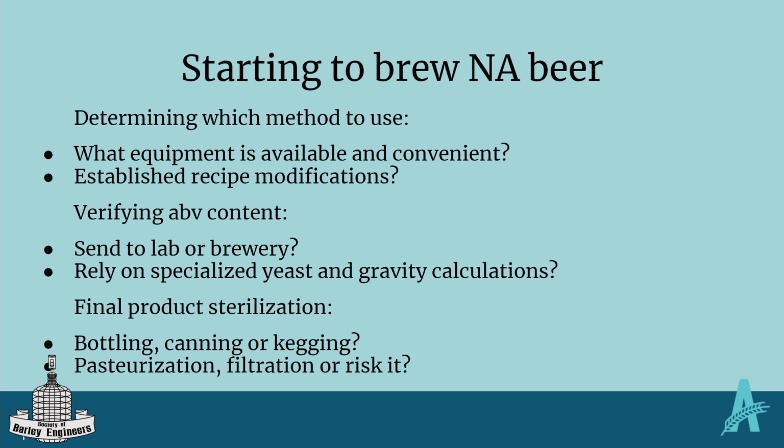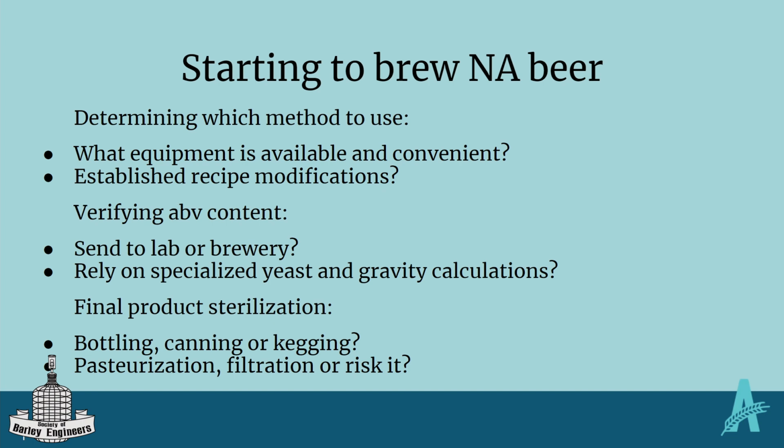Or you can rely on your gravity calculations, which you must do. There's going to be a range there, but the calculations are not super accurate. So if you're coming in on your calculations at 0.49, you should probably err on the side of caution. If you're coming in at 0.2, you're probably good.